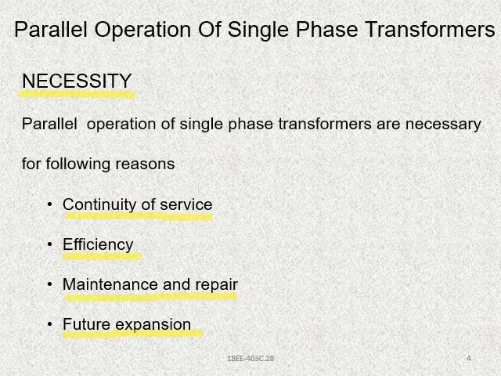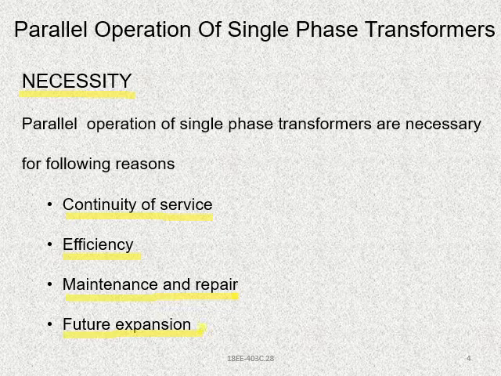And maintenance and repair. If any of the transformers is under maintenance or repair, the other transformer continues to supply, and the transformer under repair can be maintained and repaired easily by disconnecting it. And the last, future expansion.